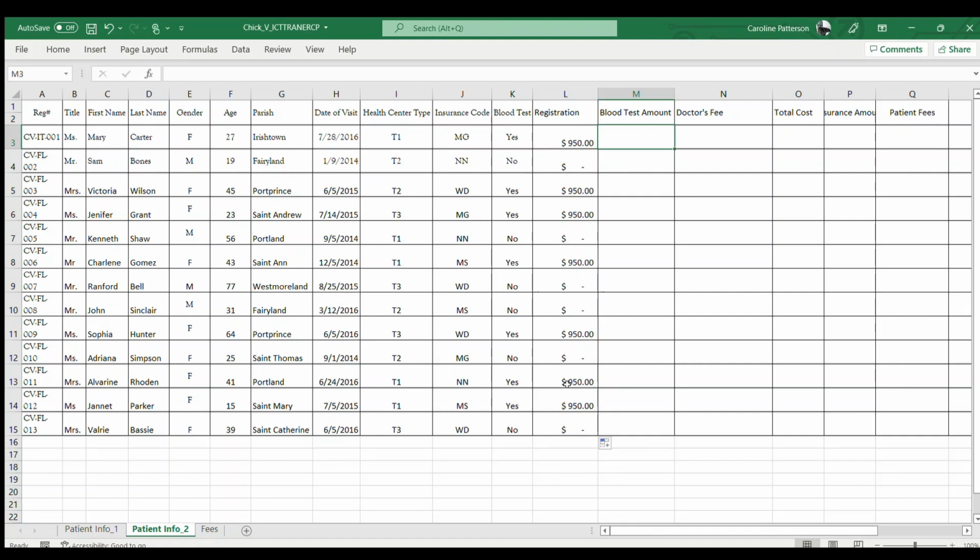So that means the blood test handling fee is going to be equal to 10% of the registration fee. So it's going to be equal to this value in the first row, which is L3, multiplied. So here's the asterisk for multiplication by 0.1, which represents 10%, right? So this person will pay $95, but this person who had no actual registration fee will pay 0.